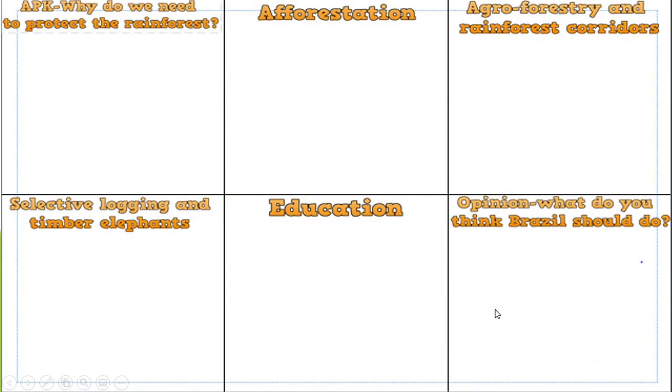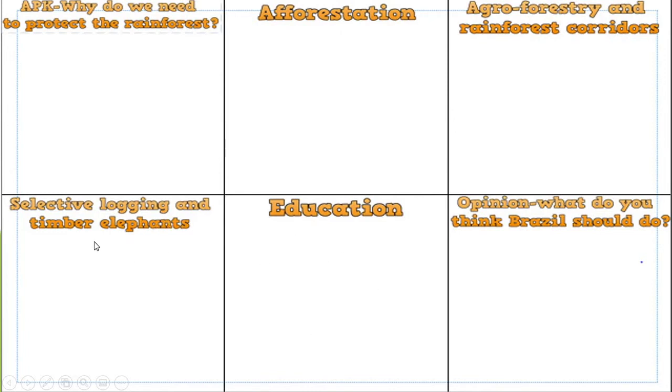So in this box, you are going to give your opinion. Most of you will be able to back that opinion up. So I need evidence on why, for example, education is the best option. This could be that people will understand young and the next generation moving up will be able to bring in the process and help us decrease needless deforestation and help our methods become more sustainable.